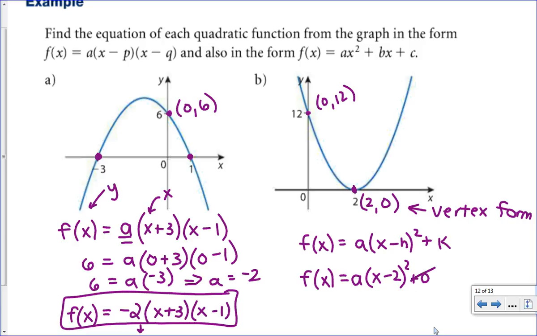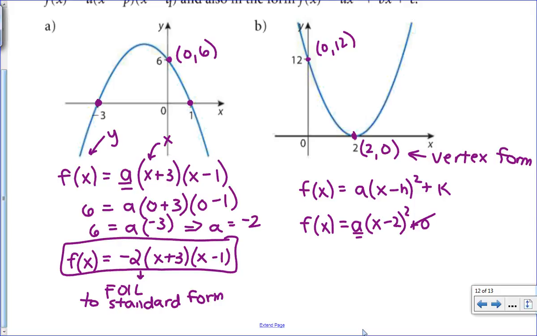There is no k value. And again, I don't know a, so I'm going to have to temporarily replace x and y in this function so that I can solve for a. I'll use the (0, 12) point as my temporary replacement for x and y. So this time I have -2 squared, that's 4, and 12 equals a times 4.